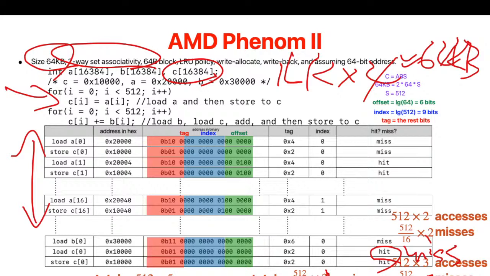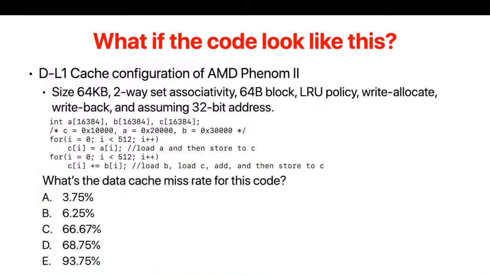But here we also have capacity misses, because now your data structure is 64 kilobytes and your cache is also 64. So one of them will be a capacity miss, so you will have this amount of misses.